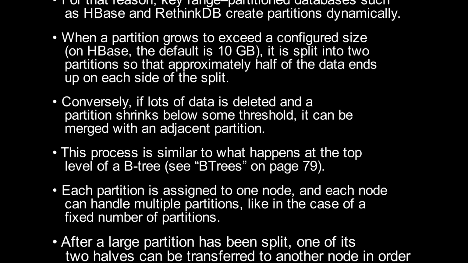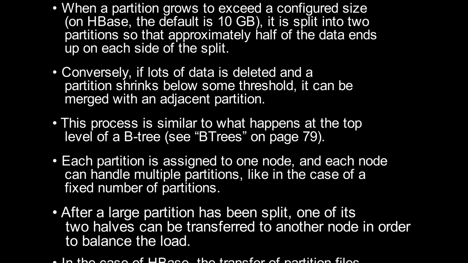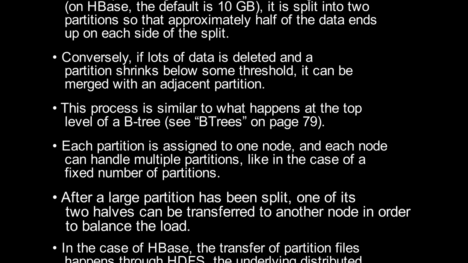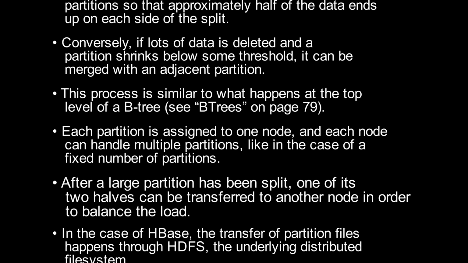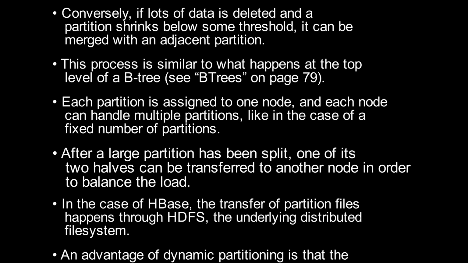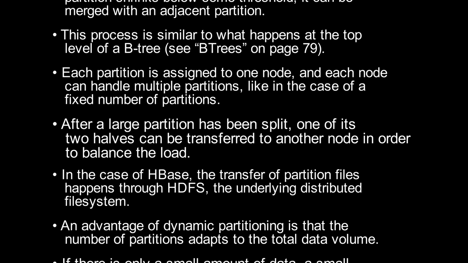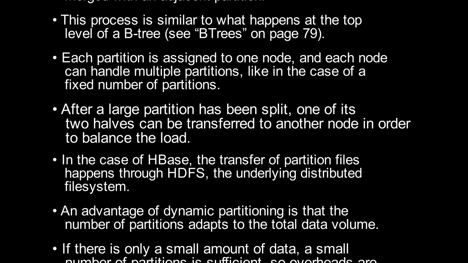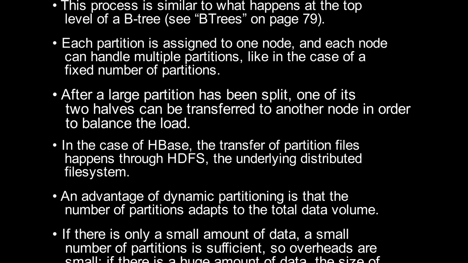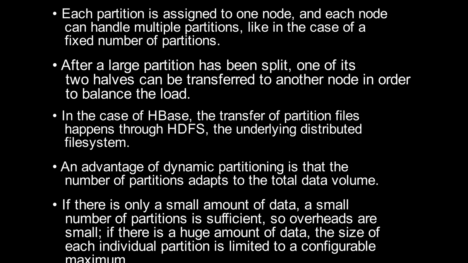Each partition is assigned to one node, and each node can handle multiple partitions, like in the case of a fixed number of partitions. After a large partition has been split, one of its two halves can be transferred to another node in order to balance the load. In the case of HBase, the transfer of partition files happens through HDFS, the underlying distributed file system. An advantage of dynamic partitioning is that the number of partitions adapts to the total data volume.